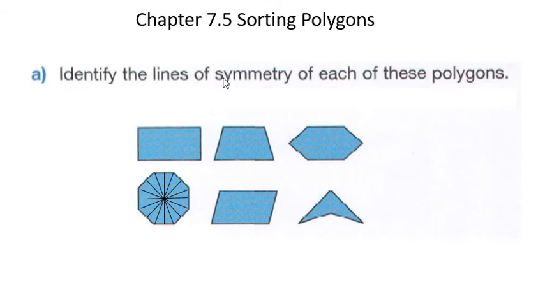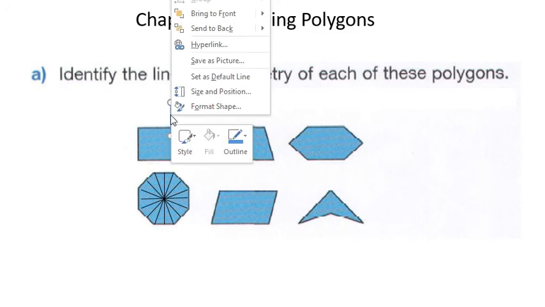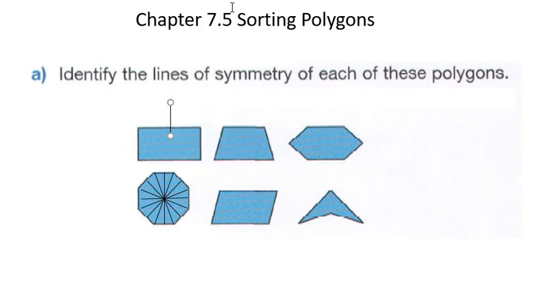For this rectangle, we have exactly two lines of symmetry, and those lines of symmetry run directly vertical, and it's hard to tell with this color, but I'll see if I can darken it up. So here is one line of symmetry. It's not exactly straight, but it's not letting me make it directly straight like that.